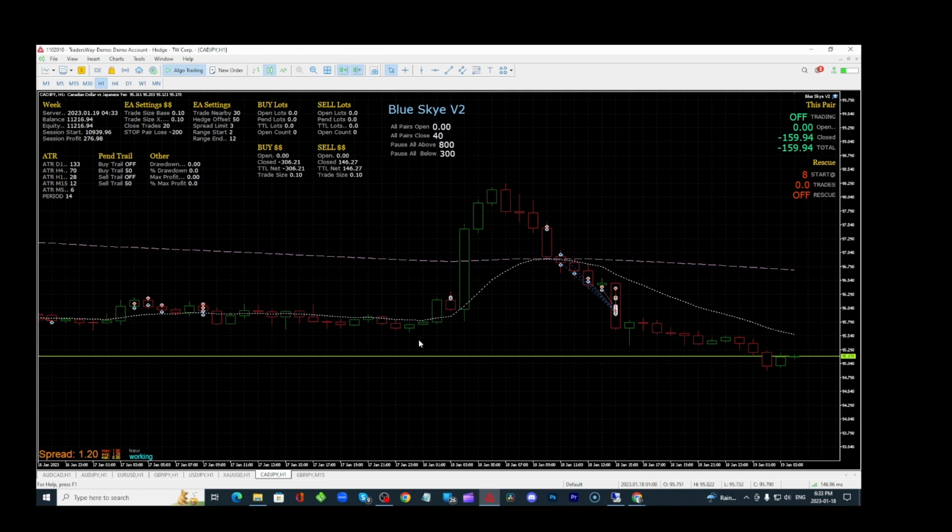Now that mysteriously works out very well in consolidating markets and even some mildly trending markets. But it does go against what I've been doing for several years; I've always been a trend trader. I trade with the trend. And I think with the new RSI grid EA we'll see the trades going with the trend, which is a little easier on me visually. It makes more sense. This seems a little risky. Well, obviously it is a little risky.